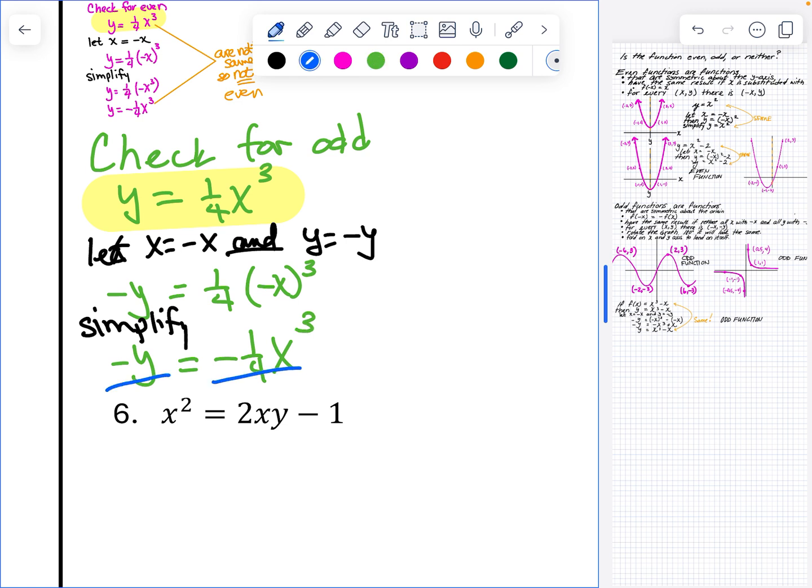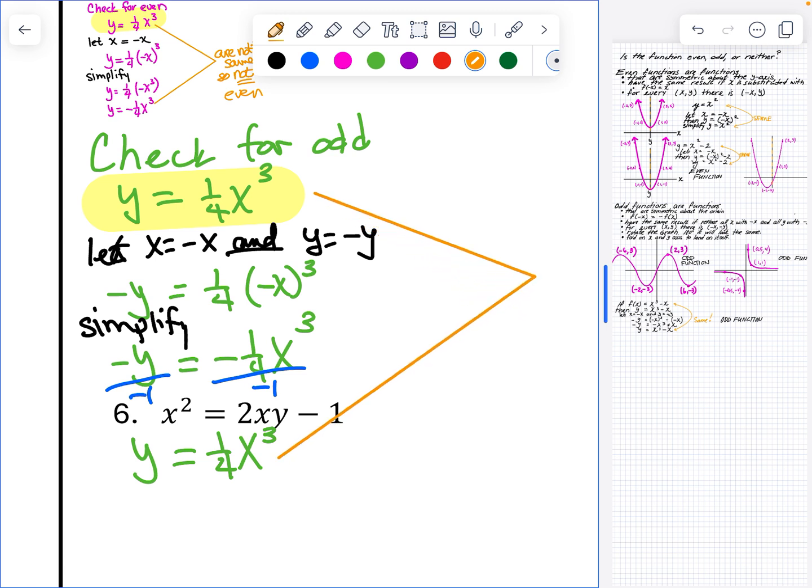Then if I divide both sides by negative 1, I get y is equal to 1/4 of x to the third power. And then this equation right here and this equation right here are the same.